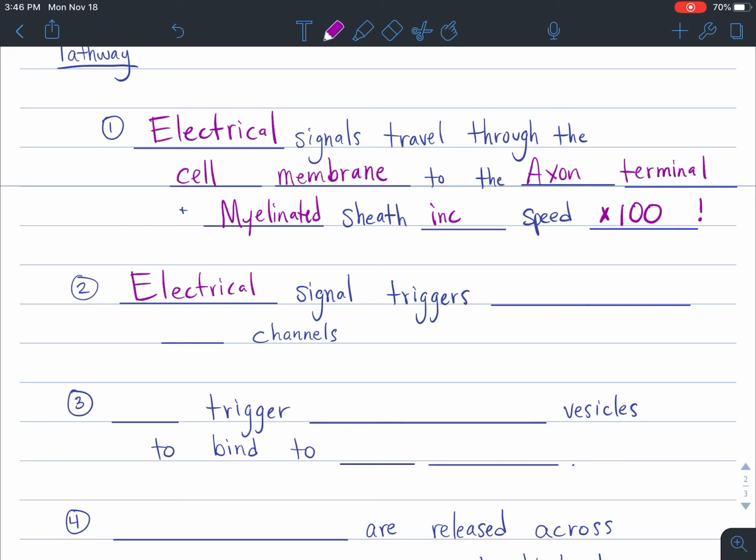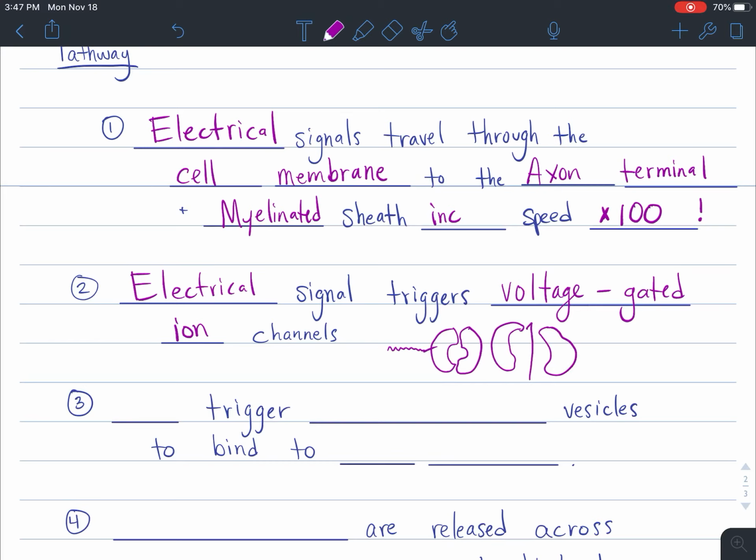is going to trigger some things that we call voltage-gated ion channels. And you're like, what the heck is that? Essentially, it's a little channel that remains closed, except when electricity gets to it, then that channel is pulled apart and lets some ions into our neuron cell.